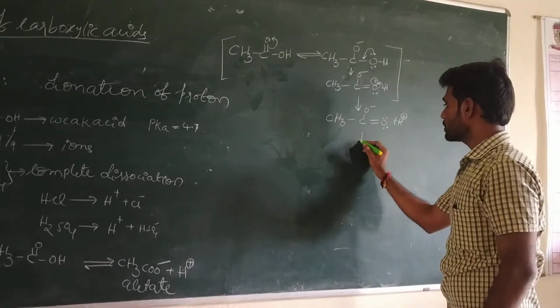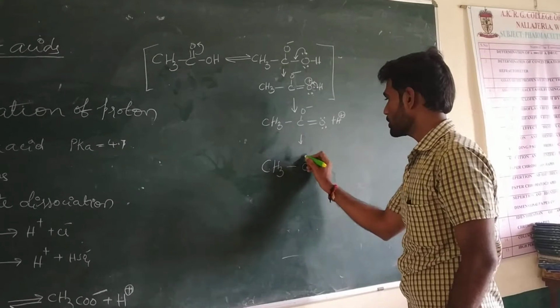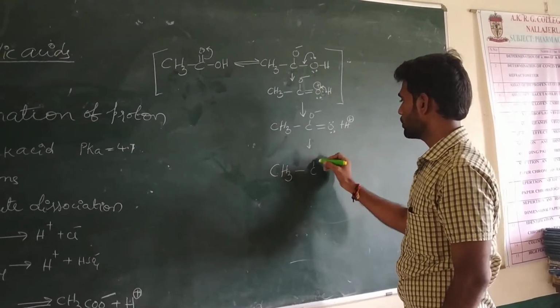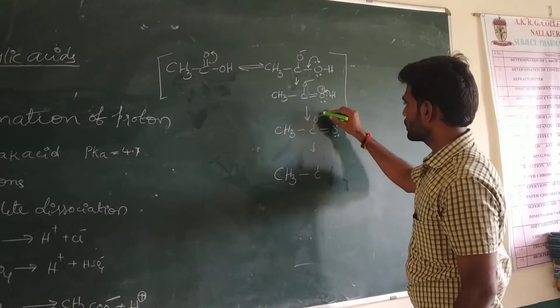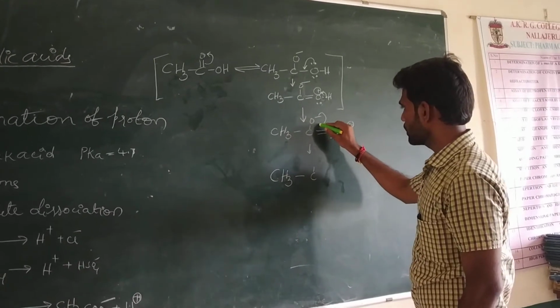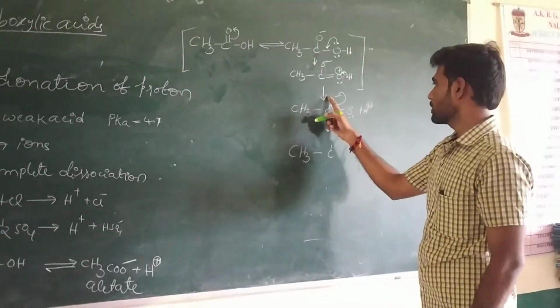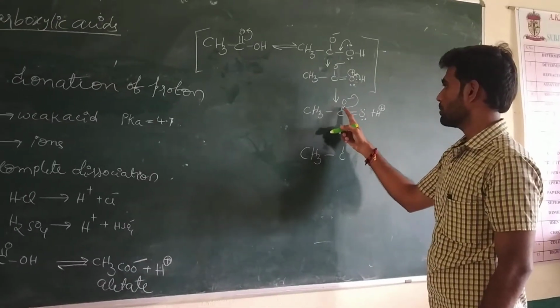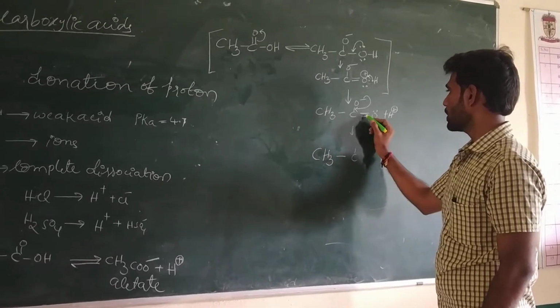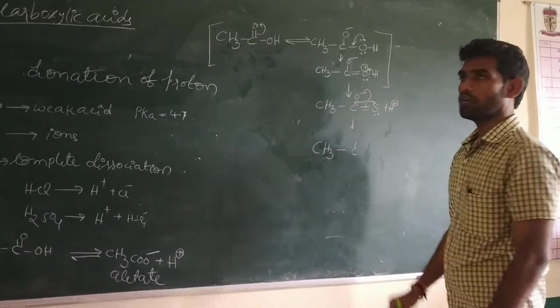But this structure is again converted into one more form. When this pair of electrons shifts between the carbonyl carbon and oxygen, a double bond forms between the carbon and oxygen atom, and the pi electrons shift towards the other oxygen atom.